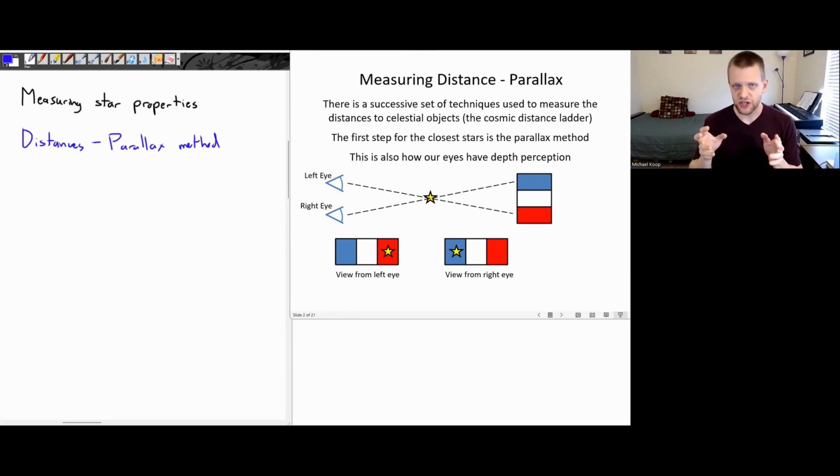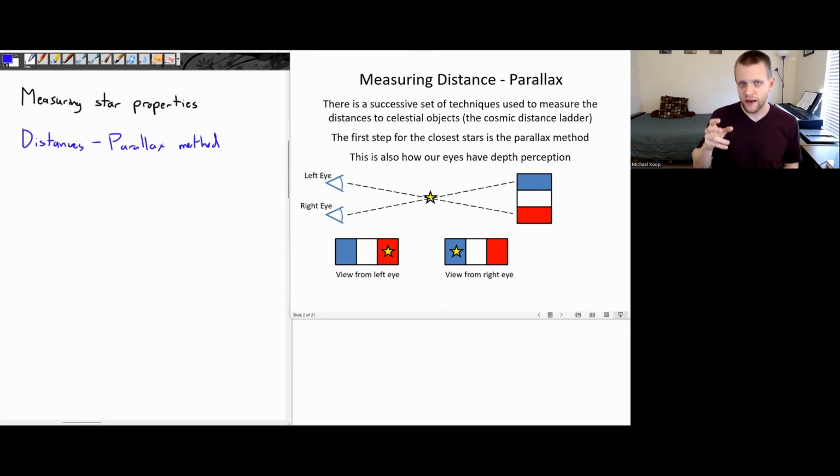For the purpose of this discussion, let's assume that we are stuck on the Earth. We can't use spacecraft or anything like that. How could I make two observations that are as far apart as possible? If I'm trying to look at a star and measure its distance, I want to make two observations from locations that are as far apart as possible in order to get my, quote-unquote, eyes as far apart as possible to get that depth perception, to get that parallax effect, and to measure the distances to these stars.